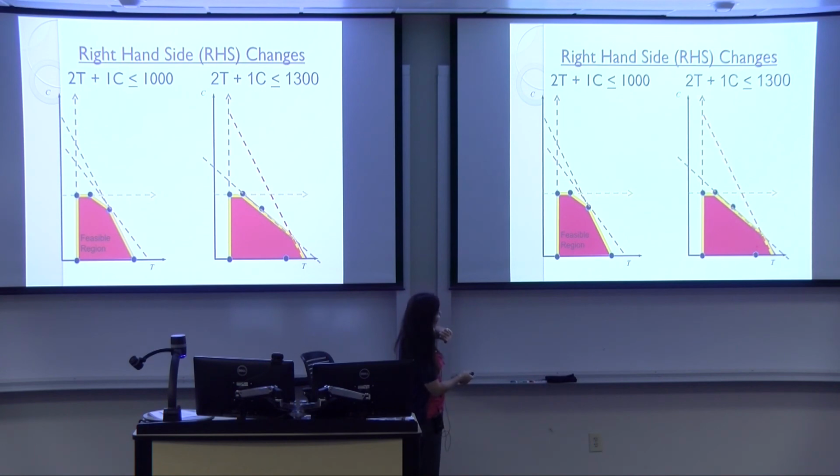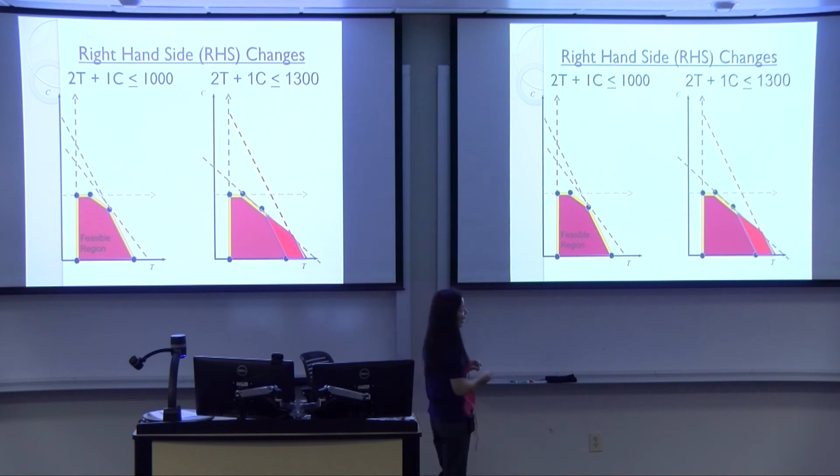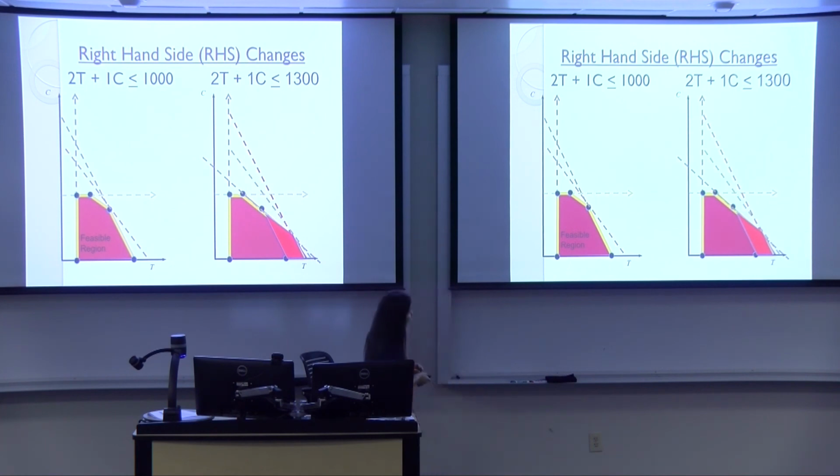So you have a bigger feasible region, and this red one is the extra feasible region because you increased the number of painting hours. So your new solution will be here.